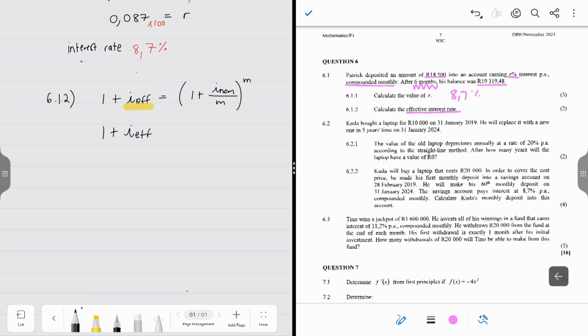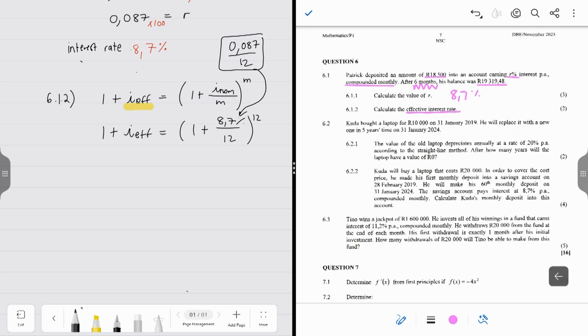If you want to find out the effective interest rate for the year, we are going to put in our nominal, which is 8,7%, and that is over 12. Now we can either write it as 8,7% over 12, or we can write it as 0,087 over 12. This is another option that we could have put over there. Okay, so that is what I have there.